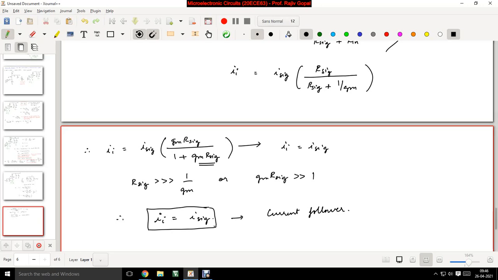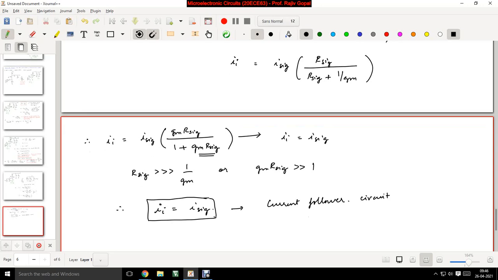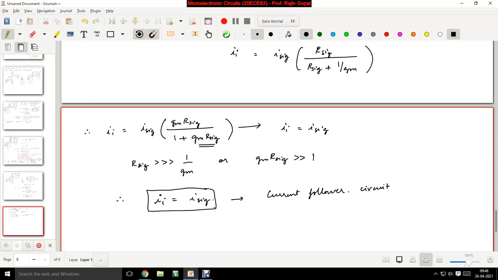So current follower circuit. Okay, also called unity gain, unity current gain circuit.